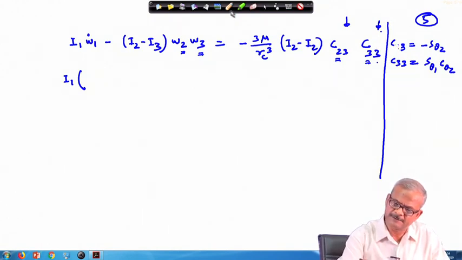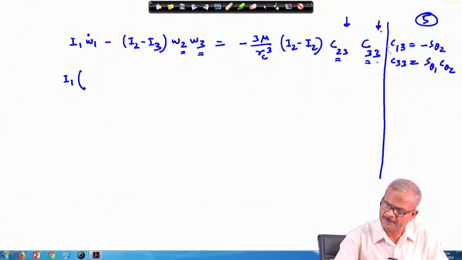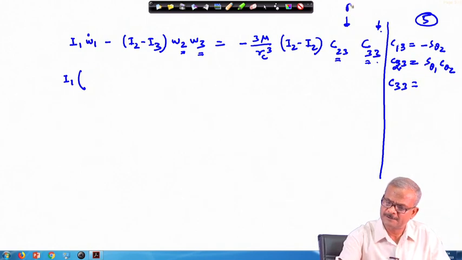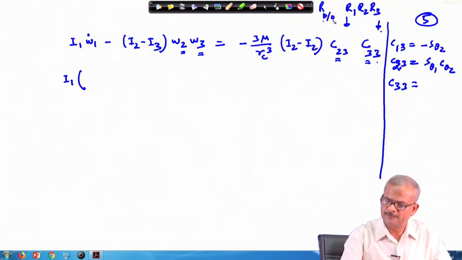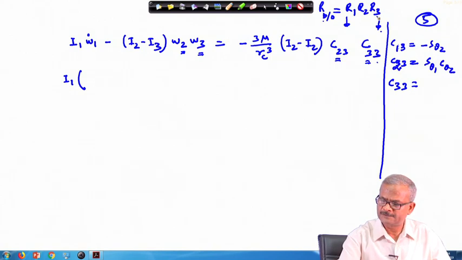So this is C 1 3, first we will complete this part C 1 3, then this is C 2 3 and C 3 3, the last part of your R matrix, that matrix we have written as R 1 R 2 R 3 from orbital to the body frame. Okay, so it is the third column, we are picking up the third column.